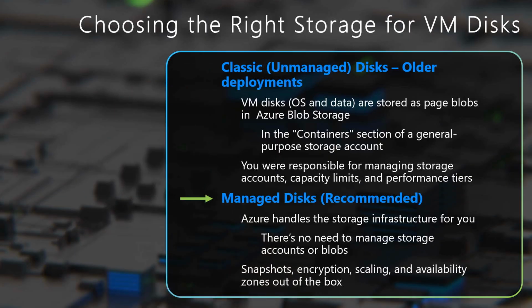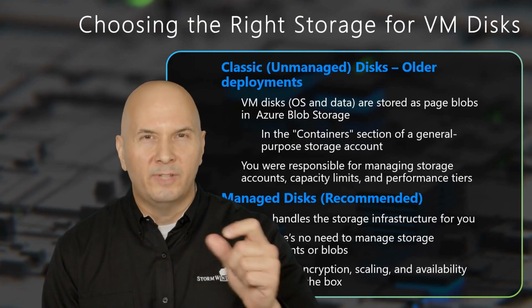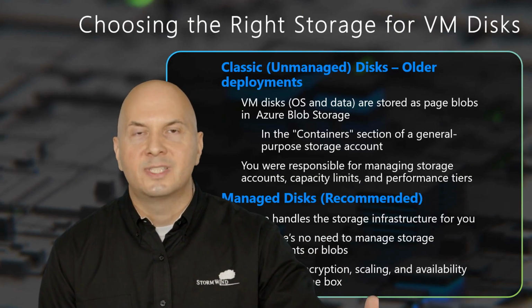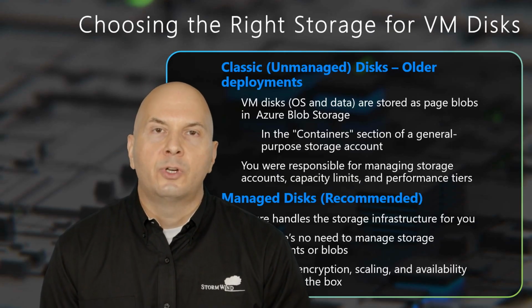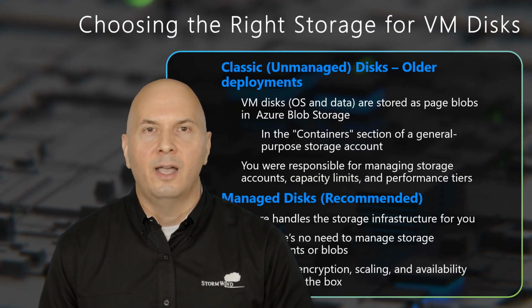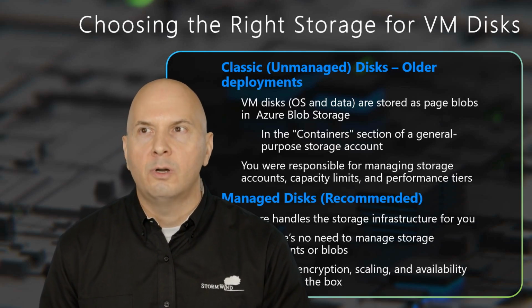So Microsoft came up with this concept known as managed disks. And that means that when you build a virtual machine, and you specify the disks that you want for that virtual machine, the VHD files will automatically go into a storage account that you don't even see. And Microsoft will make sure that based on the capacity that you've chosen for that disk and based on the IOPS that you've asked for on that disk.